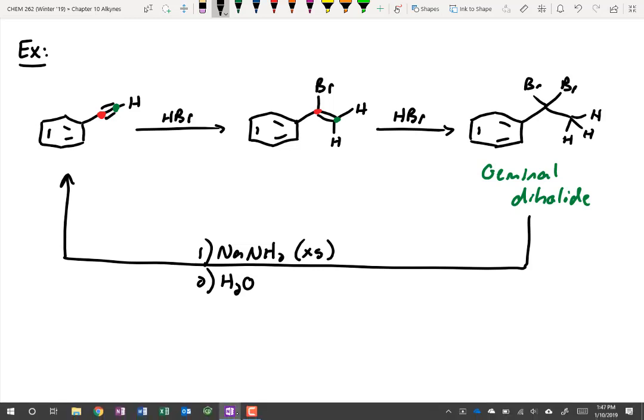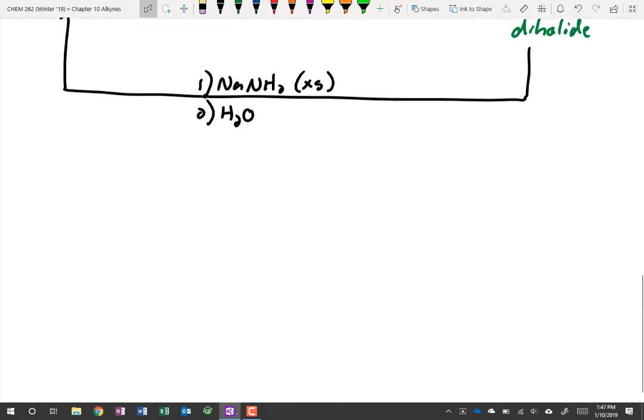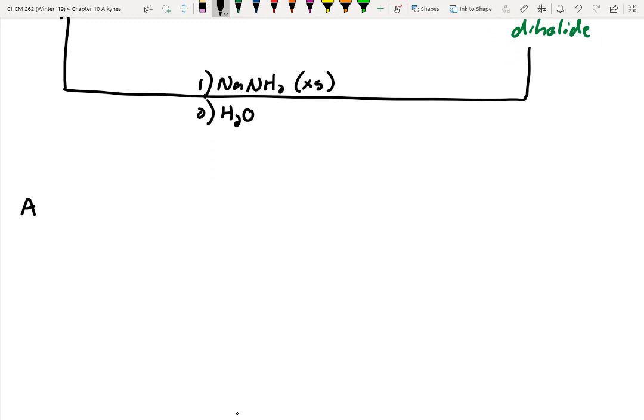All right. So now the question is, can we get a bromine to install off of the less substituted carbon? The answer is yes. What do you think we need to do in order to accomplish that? Peroxides.